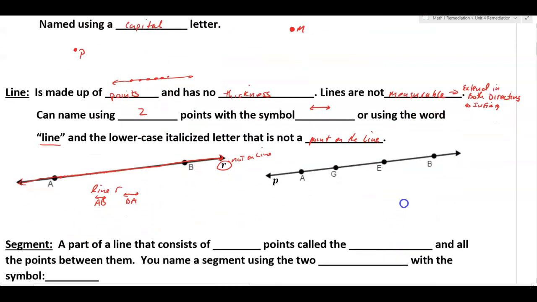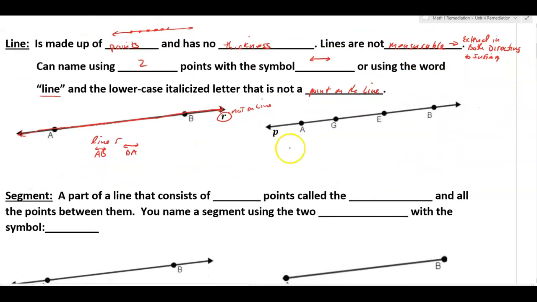Next, if I look at the next one, here's that lowercase italicized letter. So I can name this line P if I wanted to. But then I could also take any 2 points on the line. So I can take A and G, and I can name this line AG.